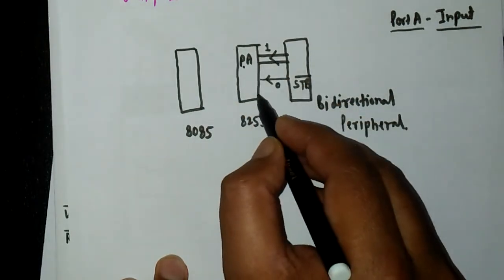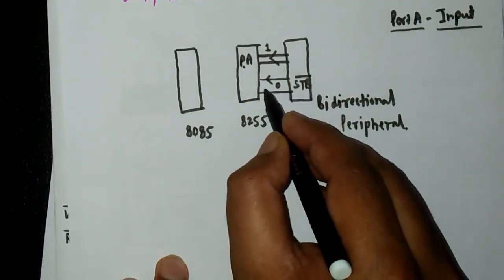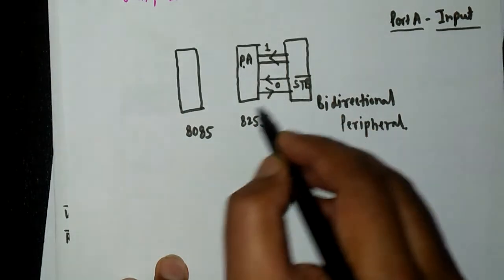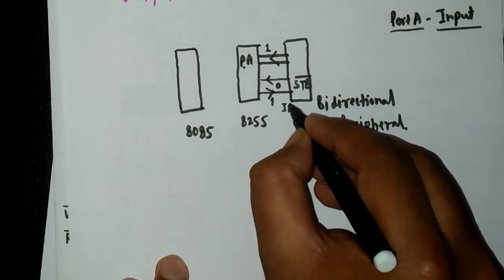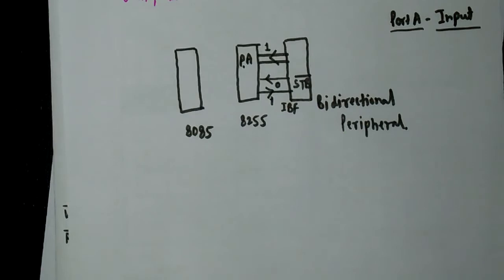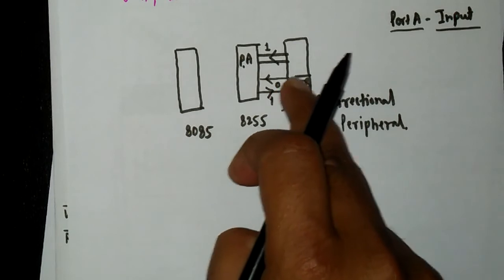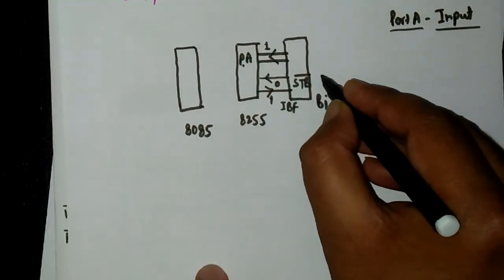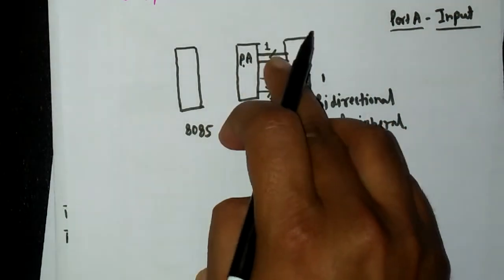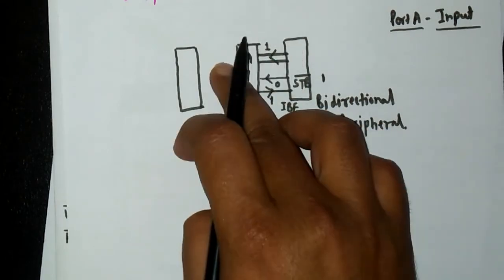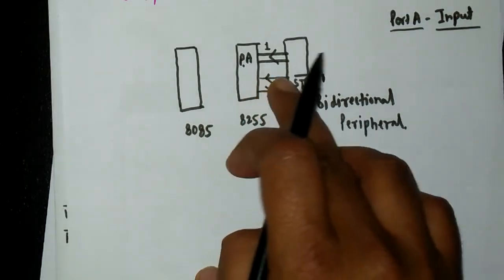Then in order to inform the peripheral device that okay, I have got your 8-bit data and now do not send the next 8 bits, in response to this STB bar, the 8255 will send a high logic on the input buffer full pin, and in response to this input buffer full, after a certain time, this STB bar pin will be set to high level logic by the peripheral device, because its work was to inform the 8255 that I have sent the data and to latch the data into the 8255, and when the data is present with the 8255, then there is no need to put a 0 on this pin.